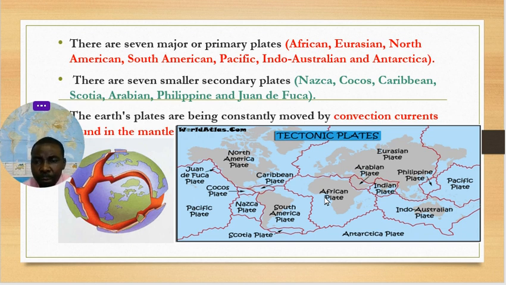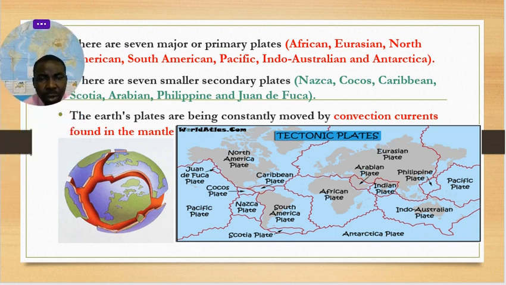Okay, now I want you to take note of this. Don't forget I told you that beneath the crust is the mantle, and this mantle is what is responsible for the plate movements. There is a convectional current within the mantle, and this convectional current is what is responsible for the movement of the plates.